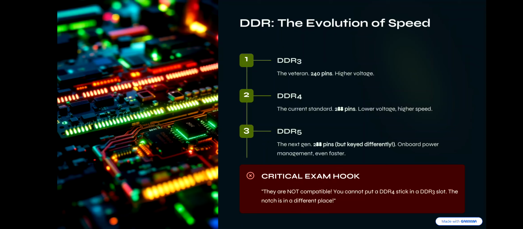There's the DDR3, which is the old veteran, with 240 pins, and then there's the DDR4, the current champion with 288 pins, which is faster and leaner. And then there is the DDR5, the next generation powerhouse, with the same 288 pins, but with a new groove and built-in power control and insane speeds.